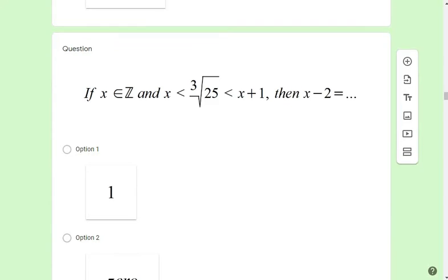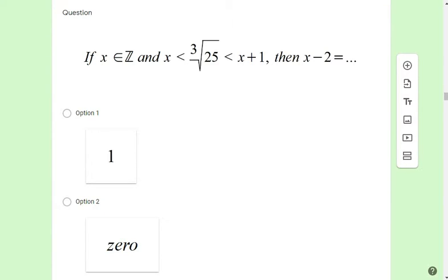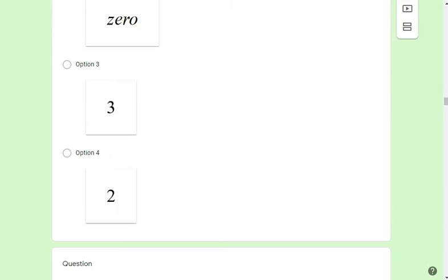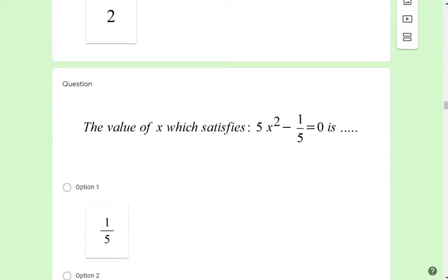The next, if x belongs to Z and cubic root 25 is greater than x and less than x plus 1, then x minus 2 equals what? Choose one of the following answers: 1, 0, 3, or 2.